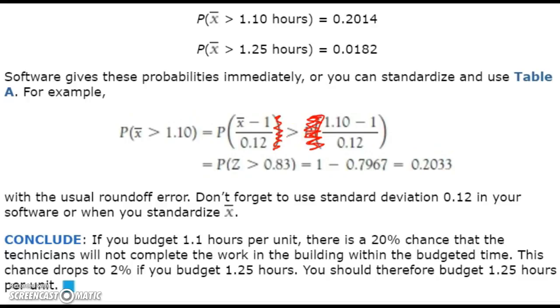And why are we doing that? Why are we subtracting 1 and dividing by this 0.12? Because once we set this up, we're exactly in the format of the z.